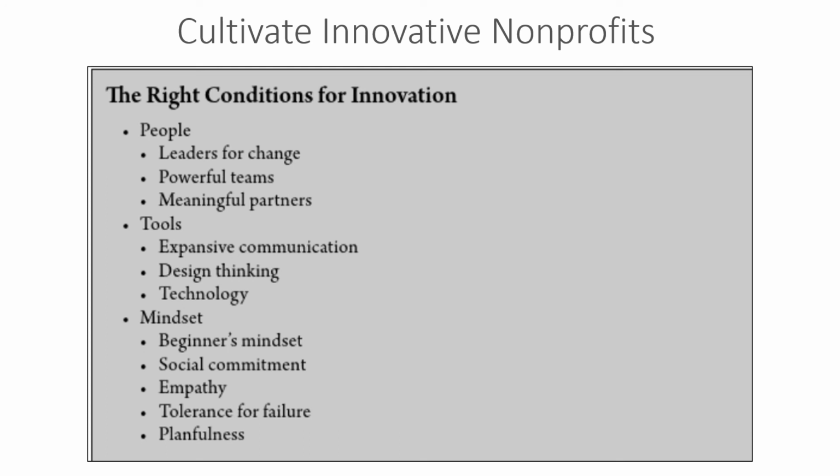So in looking at the people that we need in order to ensure that the conditions for change are right, we need to look at the types of leaders that we engage with. And these are people who have similar characteristics, like, for example, a vision for the future, and they pay attention to the possible context of tomorrow.